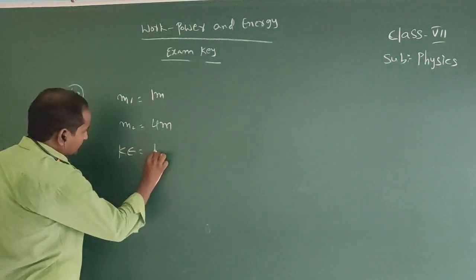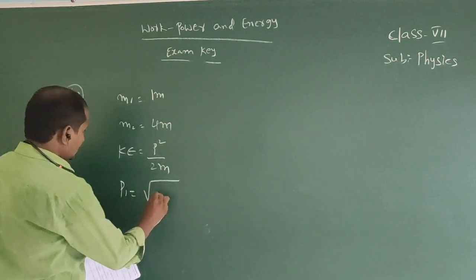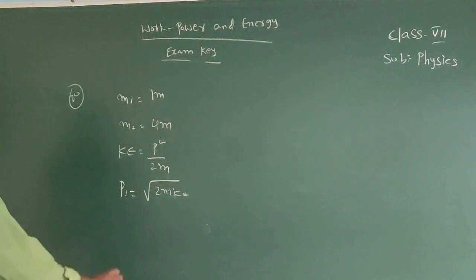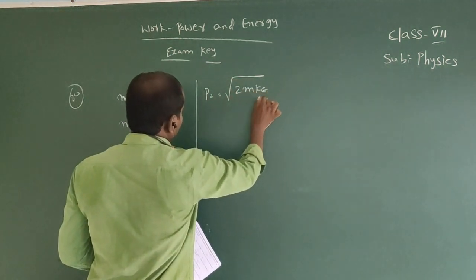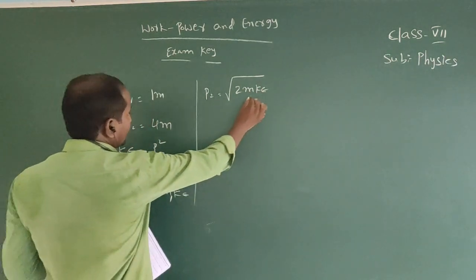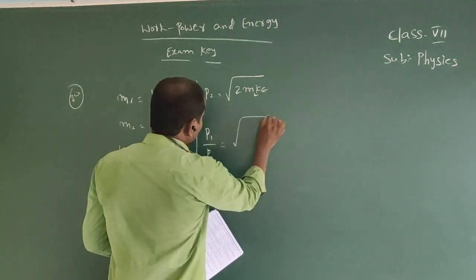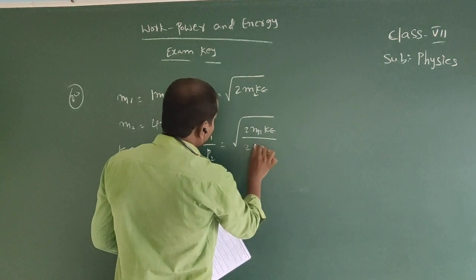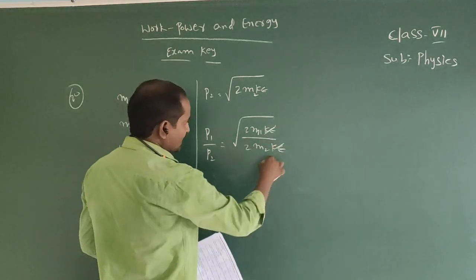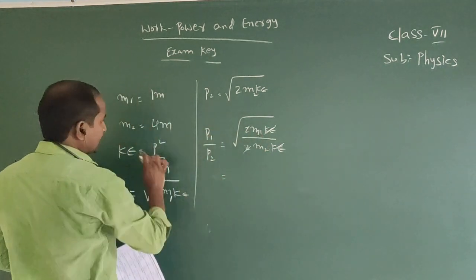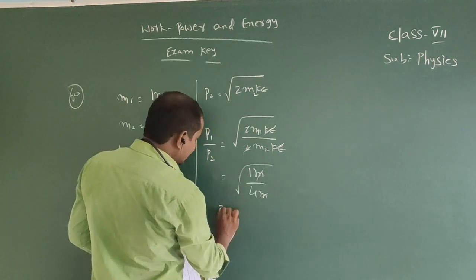Relation between kinetic energy and momentum: P square by 2m. So from this P1 equals root of 2 m1 K and P2 equals root of 2 m2 K. So P1 by P2 equals root of 2 m1 K by 2 m2 K. But here kinetic energy K is the same, so K cancels, 2 gets cancelled. m1 equals 1m and m2 equals 4m. m cancels, 1 by 4.